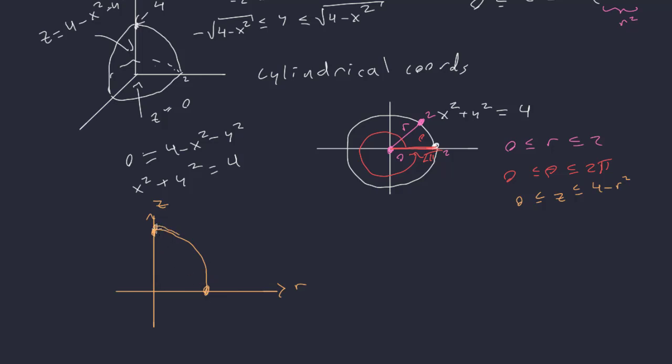So what we've done is we've taken this half parabola and we're just rotating it around to create the paraboloid. Paraboloids are much easier to deal with in cylindrical coordinates because they are circle-based.